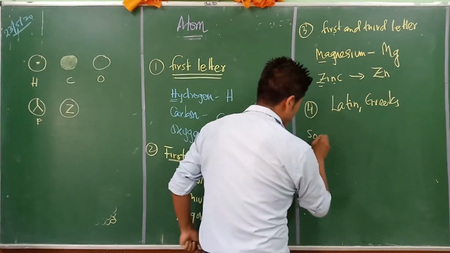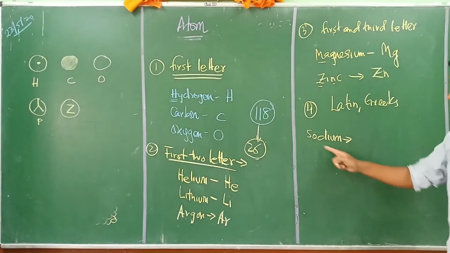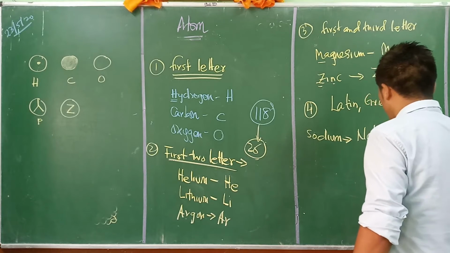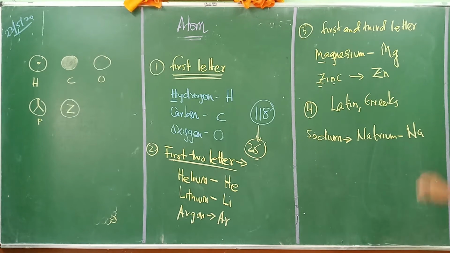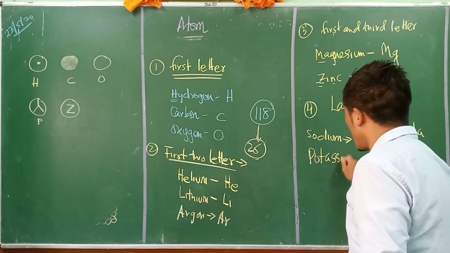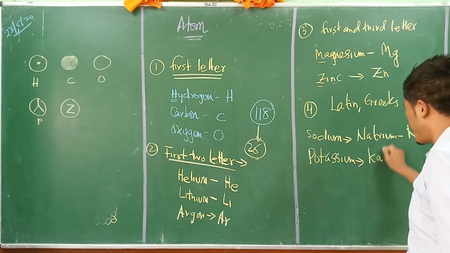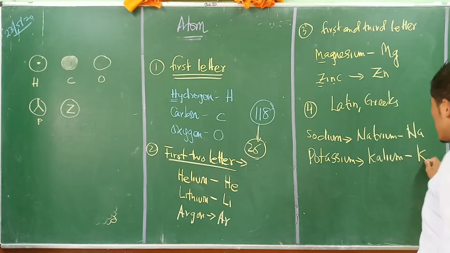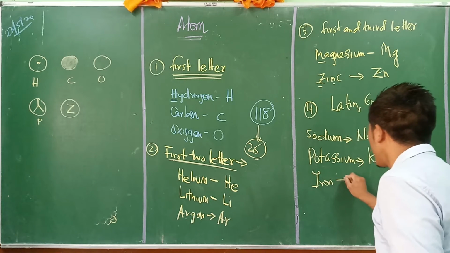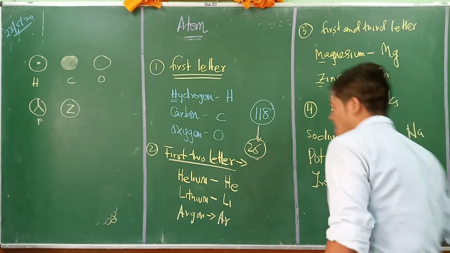The Latin name of sodium is natrium, which is why its symbol is Na. In the case of potassium, the Latin name is kalium, which is why we use K. The name of iron is ferrum in Latin, which is why we use Fe.